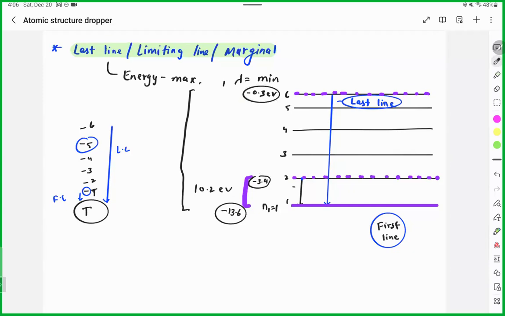The last line. Last line energy difference will be approximately 13.3, and in first line energy difference will be 10.2, which is less. So the last line. That is what we said here. The energy is maximum in the last line. And whenever energy is maximum, wavelength will be minimum. How do we know? Because we know E is equal to h nu or hc by lambda. Wherever you have more energy, less wavelength.